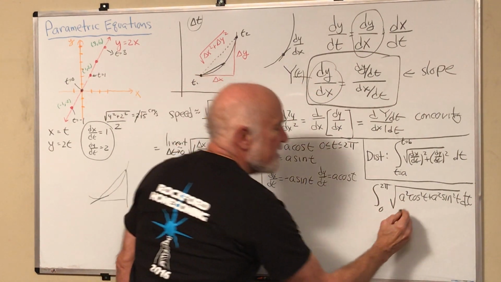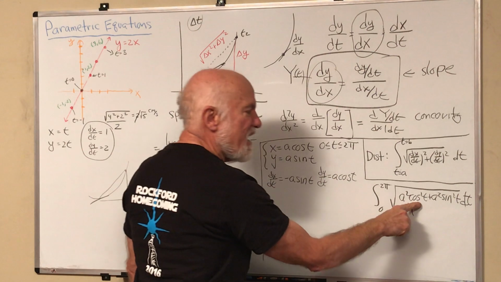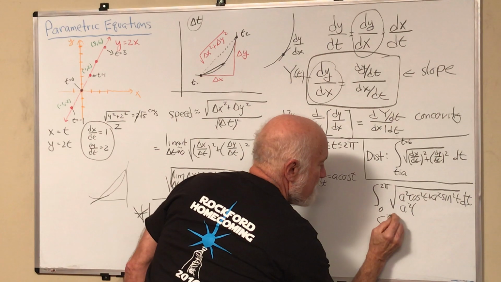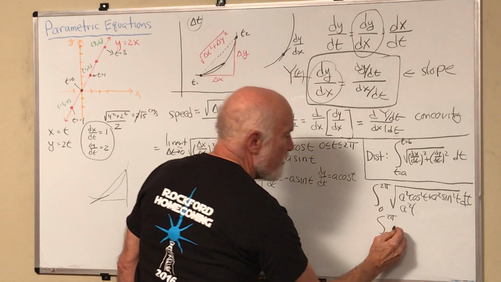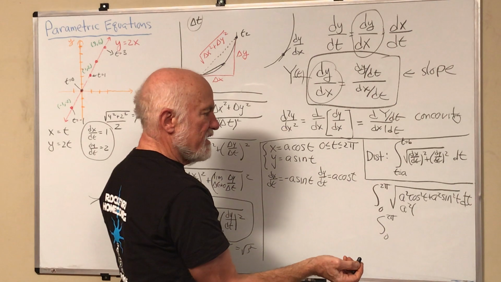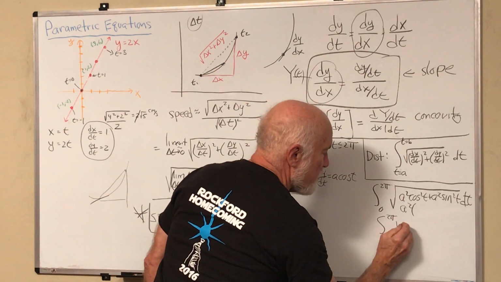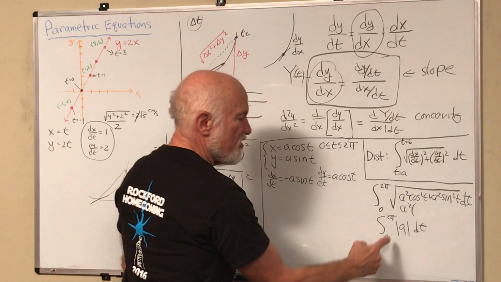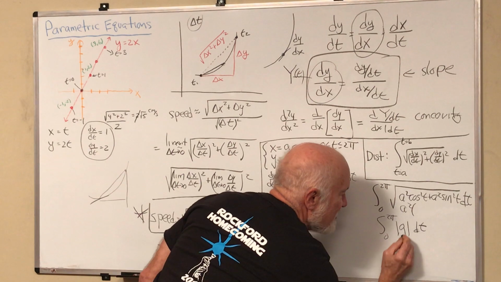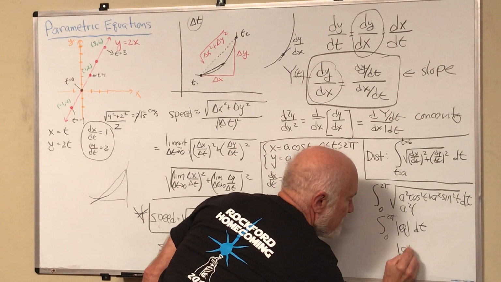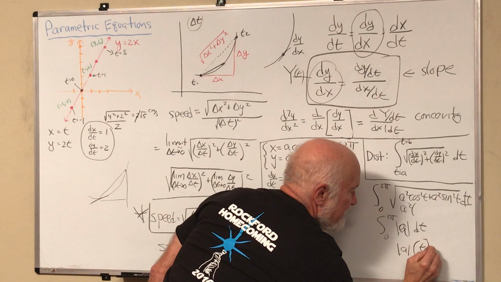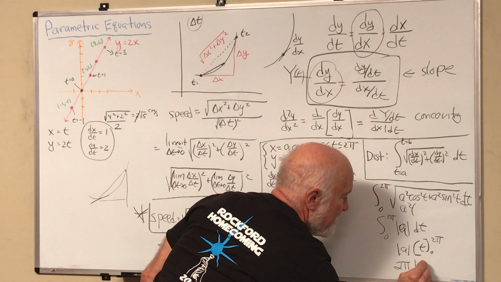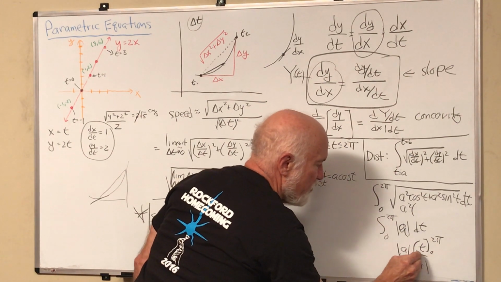But if you factor out a squared times cosine squared plus sine squared, you're left with just the square root of a squared. And the square root of a squared is the absolute value of a. So when you take the antiderivative, that's just a constant. And then you get t from 0 to 2 pi. So you get 2 pi times the absolute value of whatever a is.